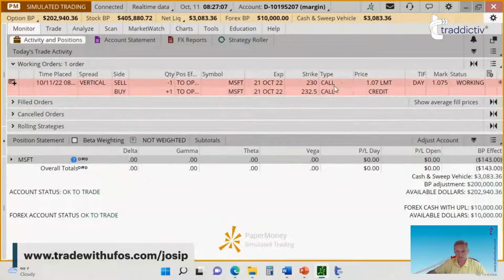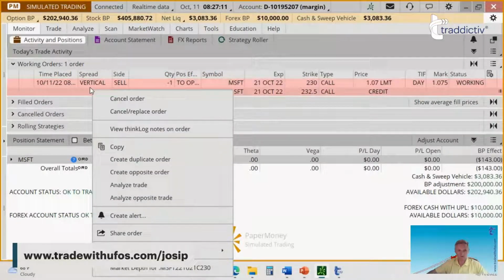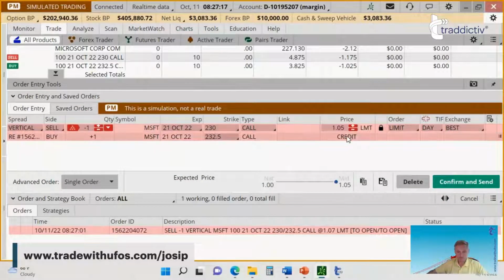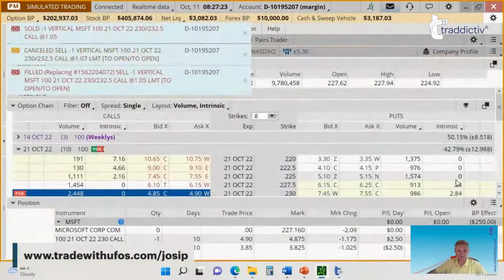So 107, they're looking at it, they don't want to give it to me because, as you remember, over here they want to give me only one. So I would need to tweak it down to, let's say, 105, which is still 5 cents higher than the natural. Let's see if I get filled, and they fill me at the 105.